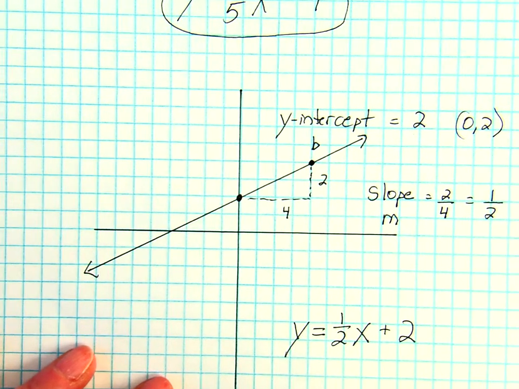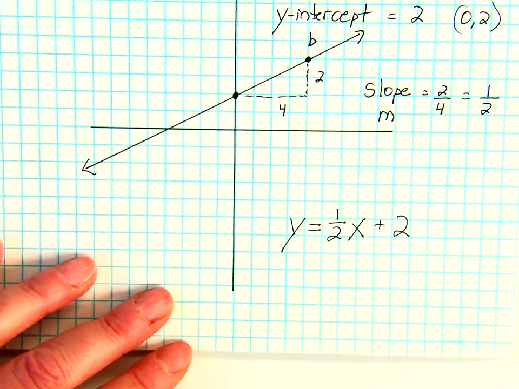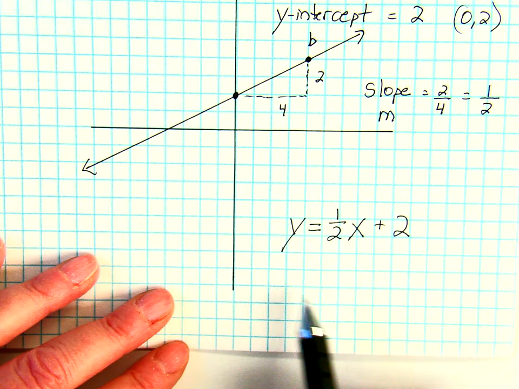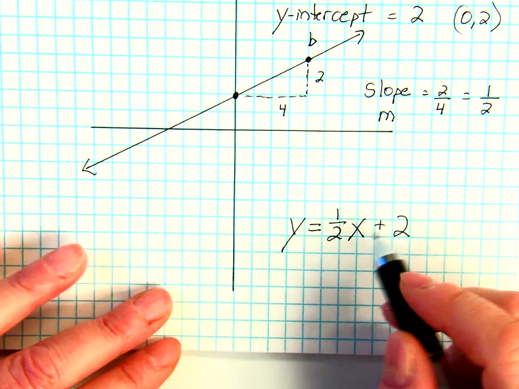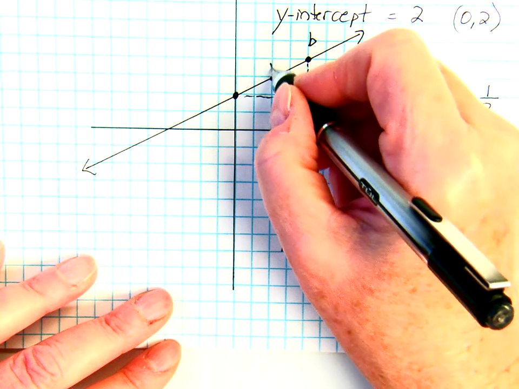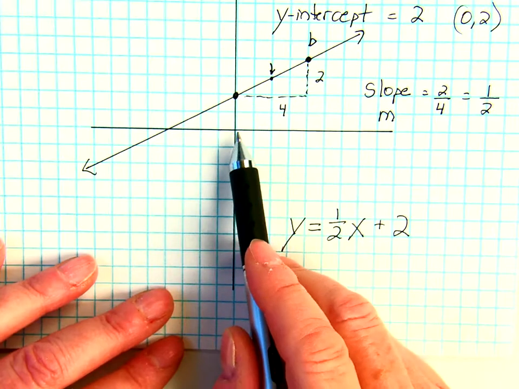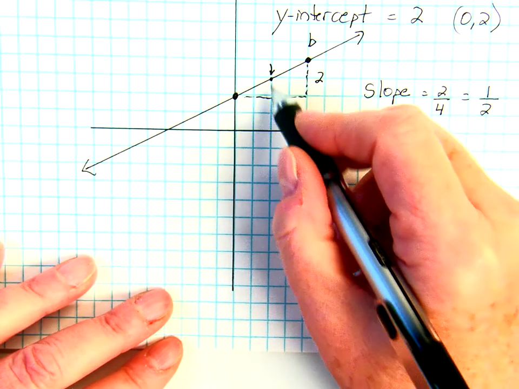Now let's say I wanted to just verify a couple of points. So let's say I'm going to just verify this point here. This is point 2, 3: 1, 2, 3.